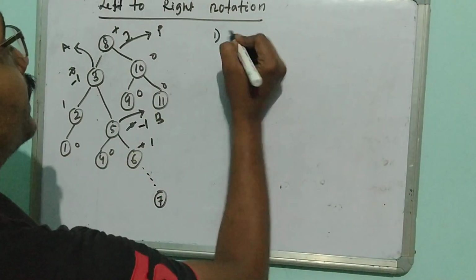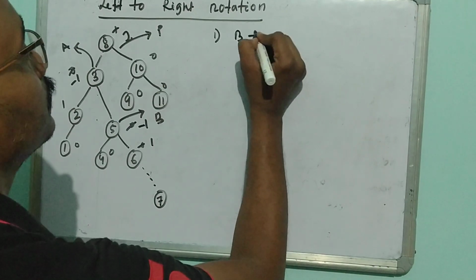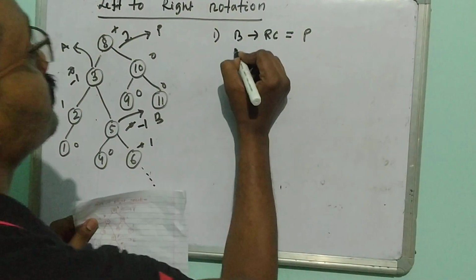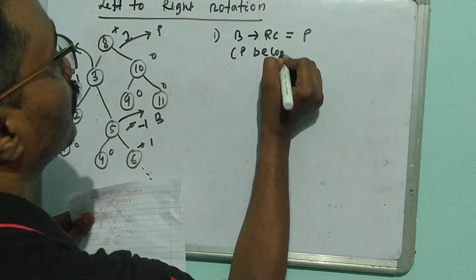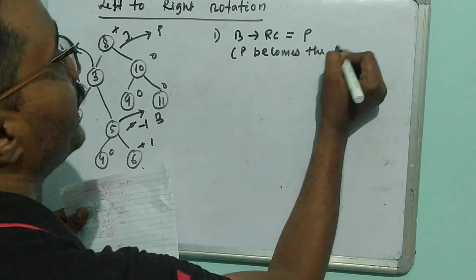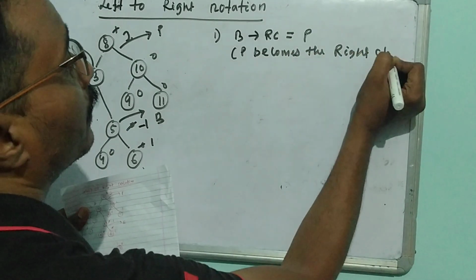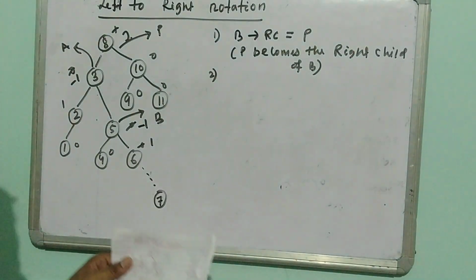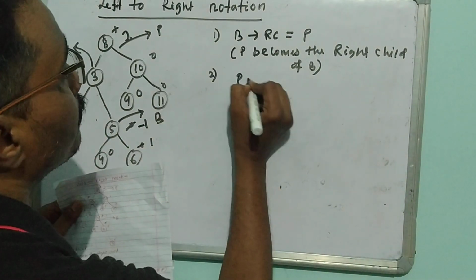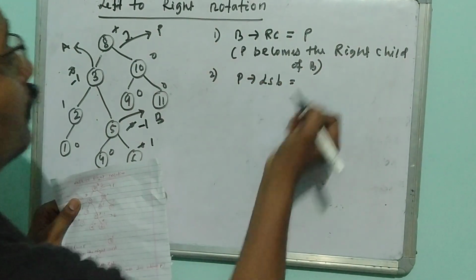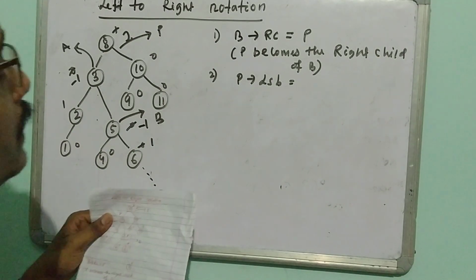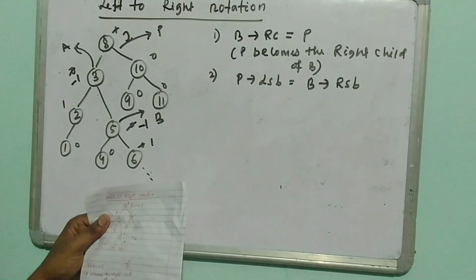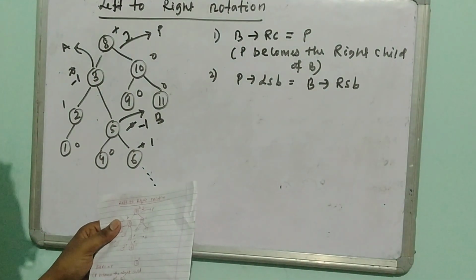First equation we have to write: B RC is equal to P. That is, P becomes the right child of B. We are making number 2, PLSB, which will be the left subtree of the P. Now the BRSB, the right subtree of B, becomes the left subtree of P.